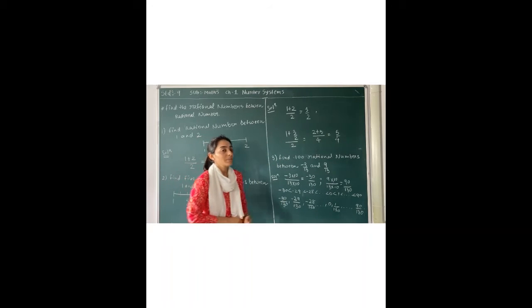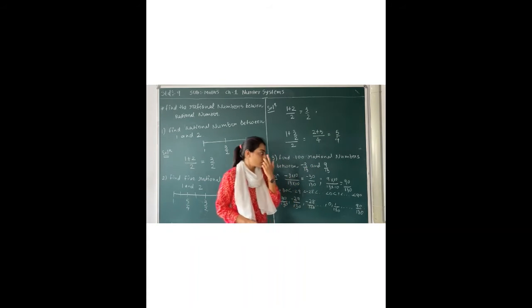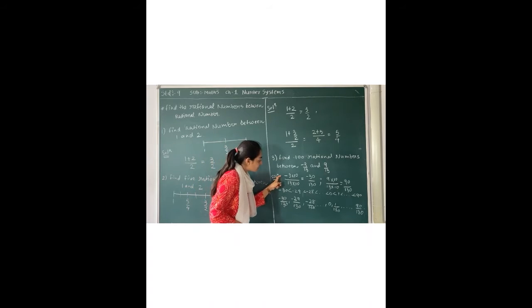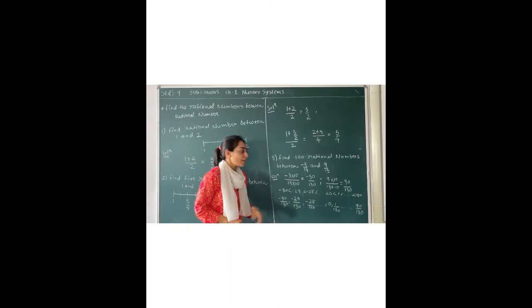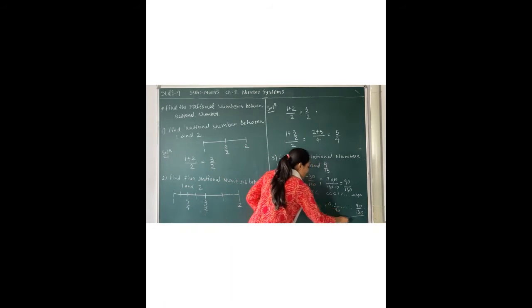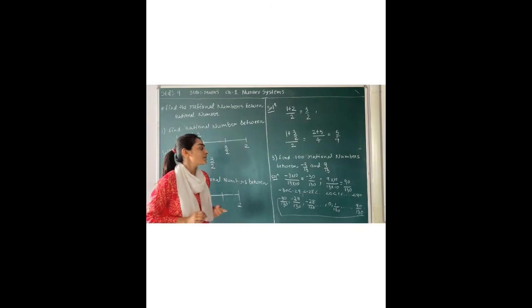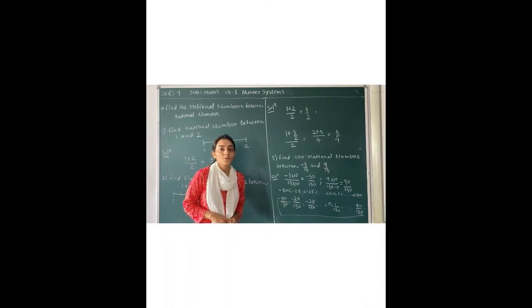I cannot simply write 3 upon 30, minus 2 upon 30. So what I am doing is making the difference wider between these two numbers by simply multiplying with 10. This way you can write 100 rational numbers between these two numbers.